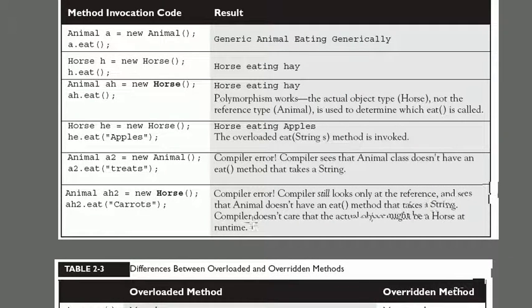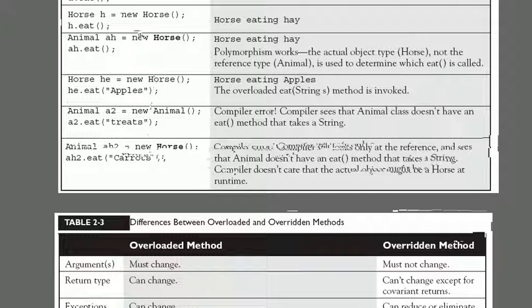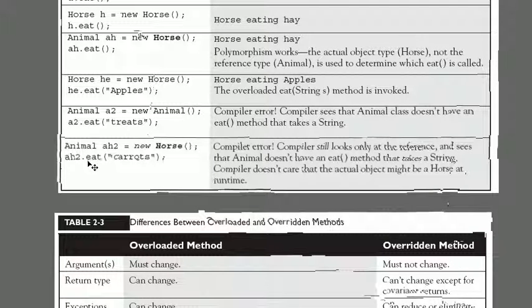Here are a few examples. These examples are obvious. Let's take a look at this one. You cannot invoke eat on H2 with carrots, because H2 is of reference type animal. Even though H2 is pointing to a horse instance, you cannot invoke the horse class's specific method on H2.